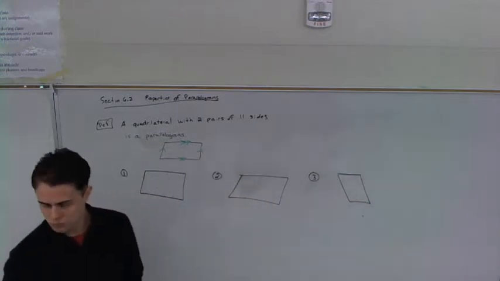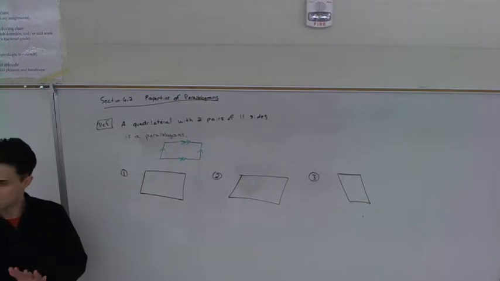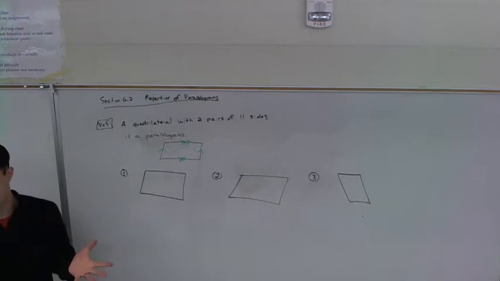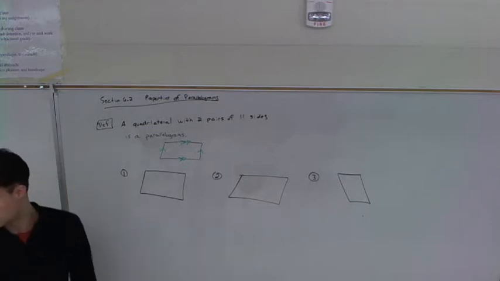Okay? There's four different things that I'm claiming. I'm telling you, yes, they are parallelograms. You really wouldn't know that for sure unless I told you. Why would you not know for sure? Because the marks aren't there, right? If the marks aren't there, you can't be sure that they're parallelograms. And some of the problems are going to ask you, is this a parallelogram or not? You're going to have to say.